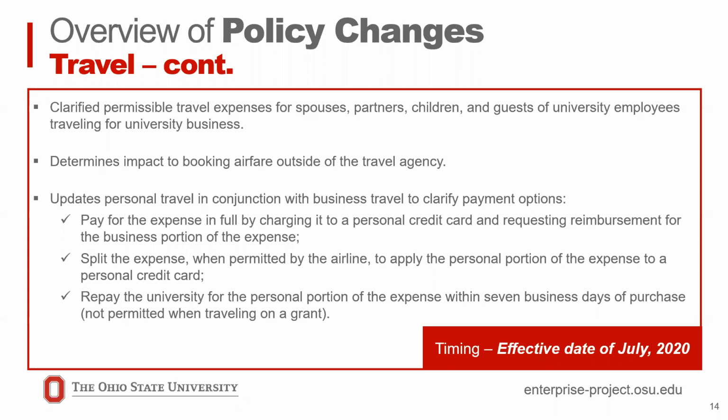At the third time you book outside of the travel agency, it will not be reimbursed. And here's some more updates that I was hitting on in the earlier bullet, more detail around the update to personal travel, where essentially you're paying for it yourself in full with your own credit card or paying the vacation portion of that.